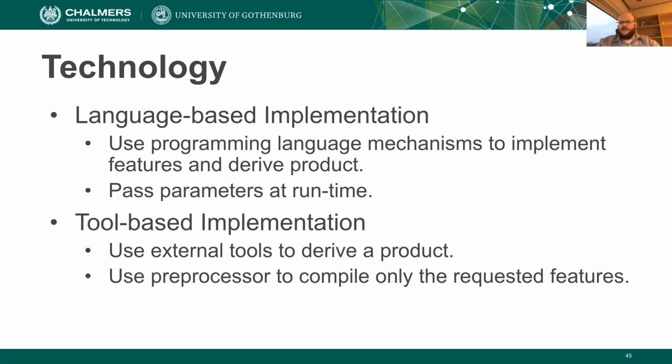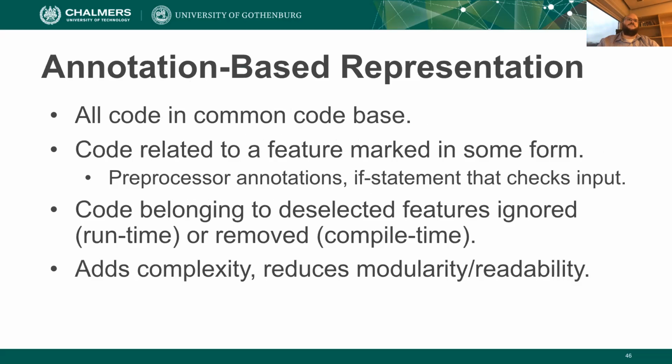This is things like design patterns, parameters, class structuring, packaging, whereas tool-based approaches use external tools, things like preprocessors, build systems, version control systems to implement variability into your product. Now, you don't always draw a sharp line between language and tool-based approaches, and sometimes you even combine them, but this rough distinction is enough to help categorize different types of approaches.